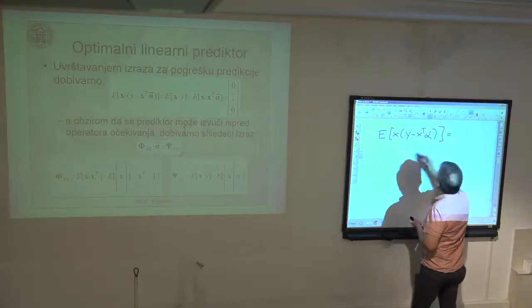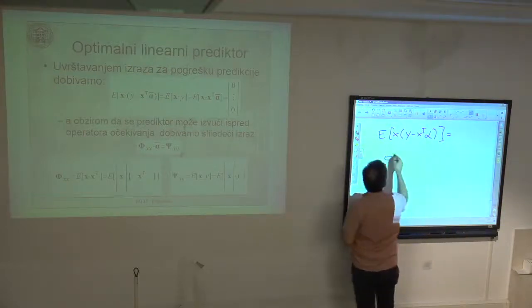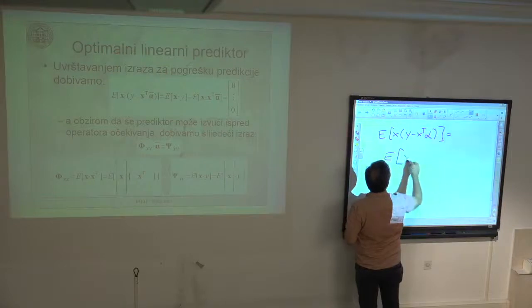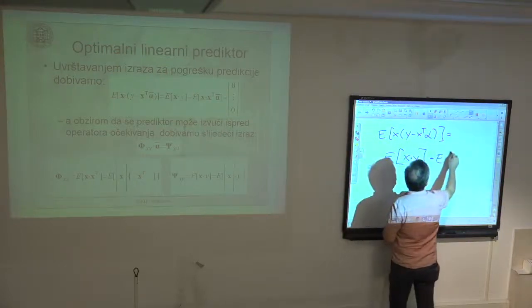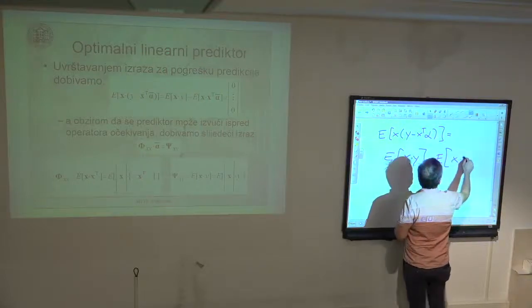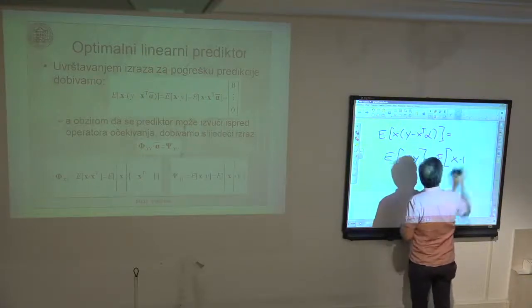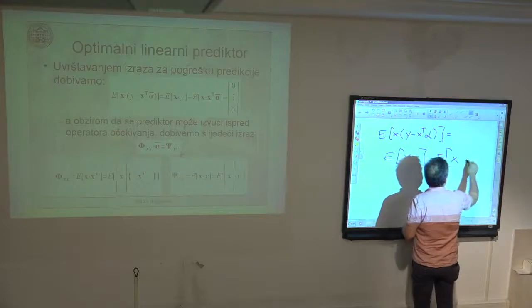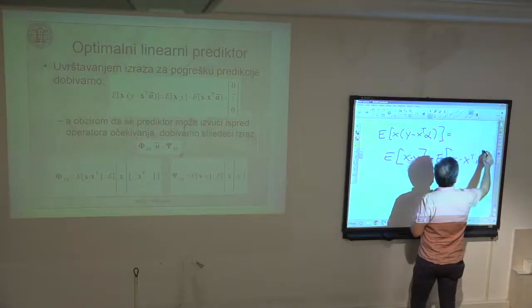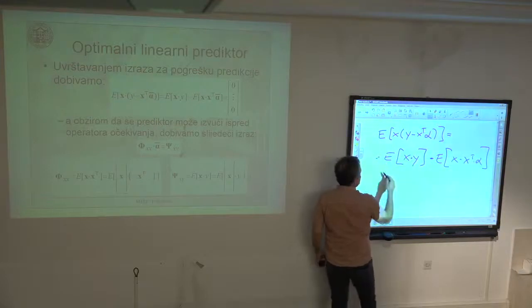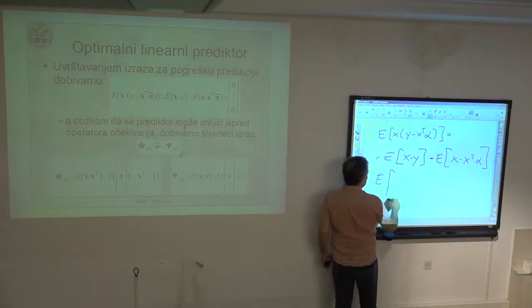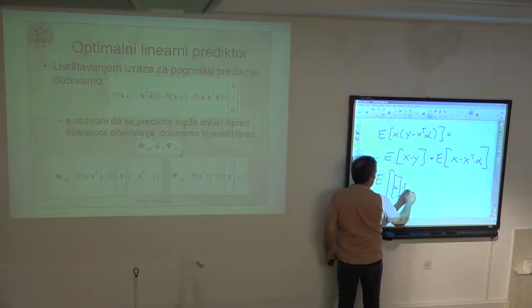Okay? And then, as we said, we separate this into the expected value of x times y minus the expected value of x times x transpose times alpha. Okay, so this here is the expectation of a column vector x multiplied by a scalar value y.